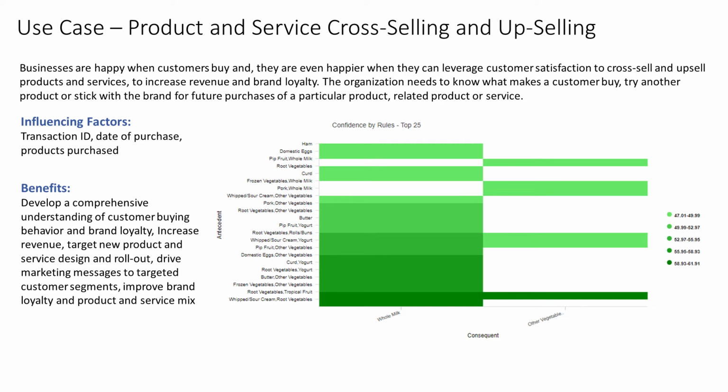The enterprise will benefit by increasing revenue, targeting new products and services, creating marketing messages to target a particular customer demographic, and improving brand loyalty and product and service mix. One could consider the date of purchase and the products purchased to find item combination and frequency of purchase. To perform analysis on this type of use case, the business might use frequent pattern mining.